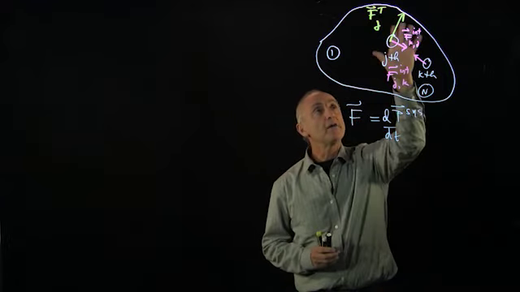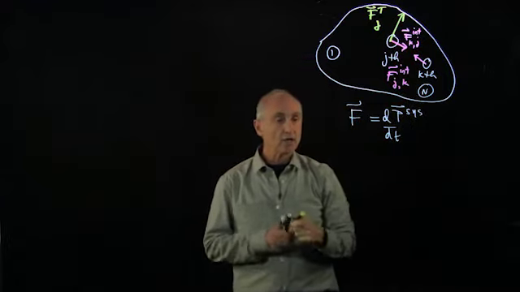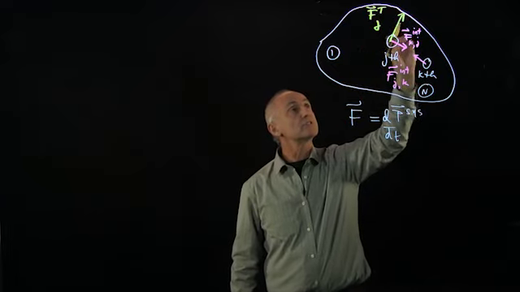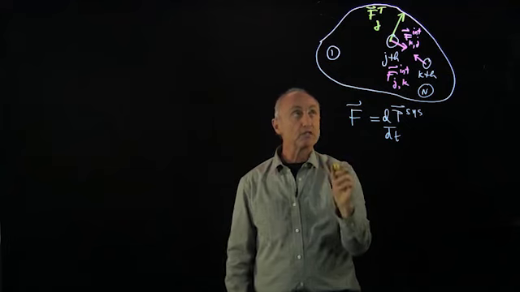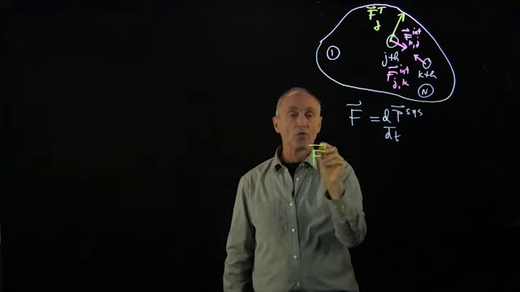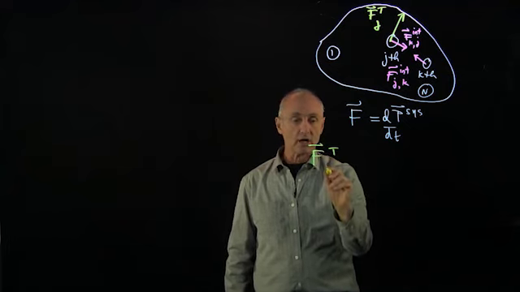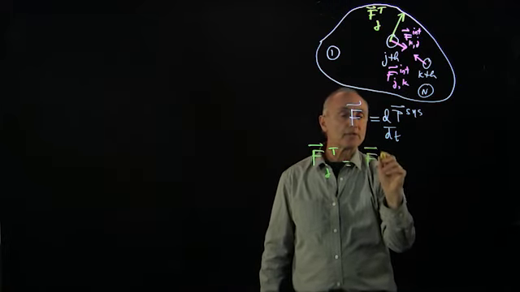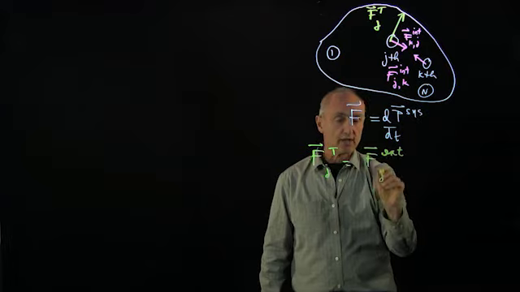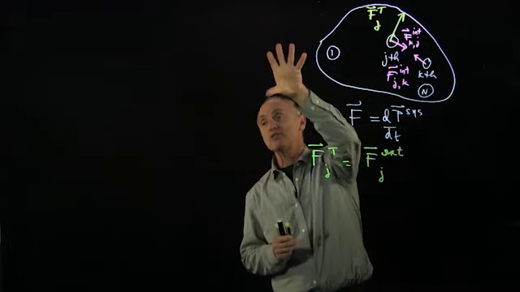So what we have here is that there can still be other forces acting on the jth particle, and we'll do a decomposition like this. We'll say that the total force on the jth particle can come from some external forces. There could be an object outside our system.